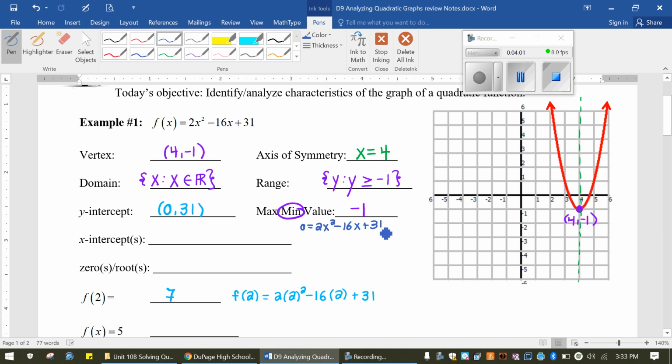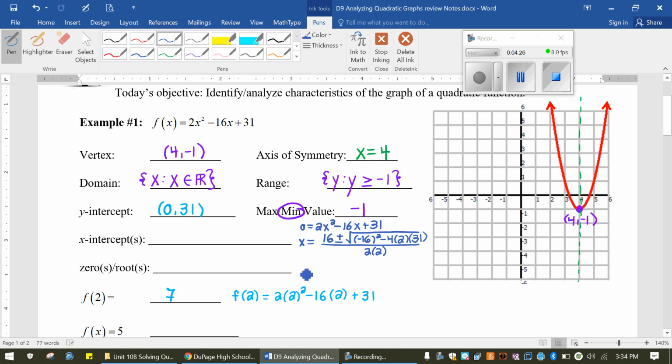So what we're going to do here is go for the quadratic formula in order to find out that value of x. So we're going to do the opposite of -16, which is 16, plus or minus the square root of -16 squared minus 4 times 2 times 31, all over 2 times 2.